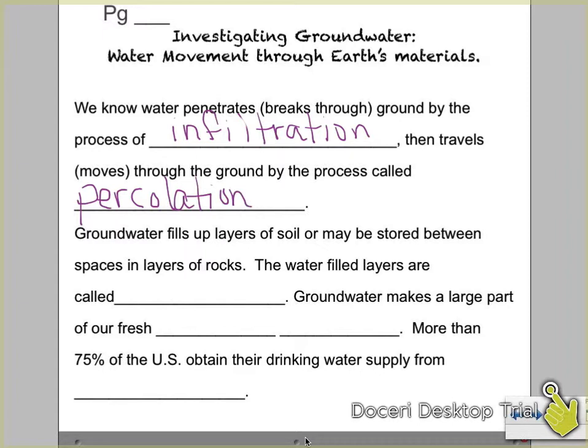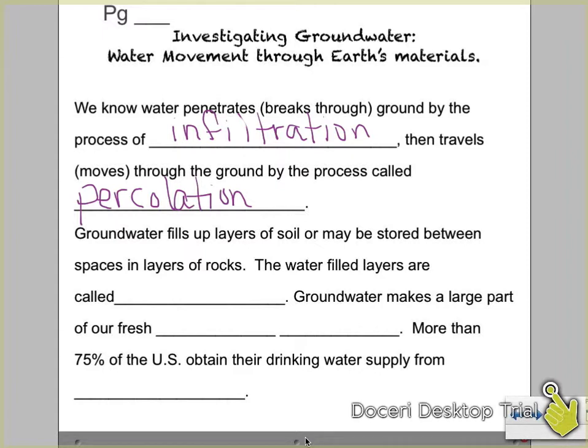So again, through the water cycle, let's just review this for a moment. When water is in the atmosphere and it gets too heavy, it falls. What is that called? Precipitation. Once it falls and it hits the ground, it can either roll off the ground back into bodies of water, which is called runoff, or it can hit the ground and break through the ground, which is called infiltration, then move through the ground, which is called percolation.